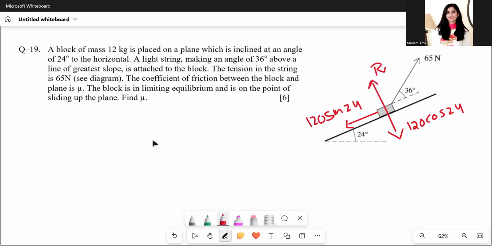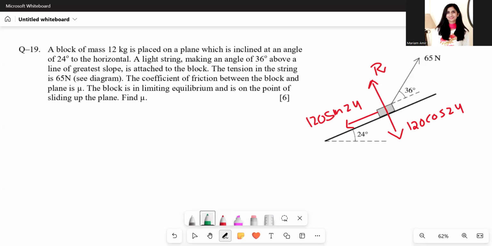A light string making an angle of 36 degrees above the line of greatest slope is attached to the block. The tension in the string is 65 newtons. Now the 65 newtons need to be resolved into its horizontal and vertical components as well. The one that is between the two angles, 36 degrees and 90 degrees, is the adjacent component, which is the cos component.